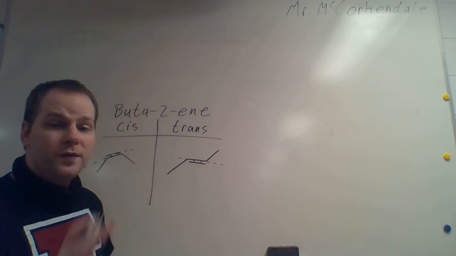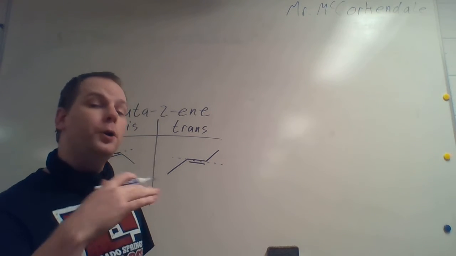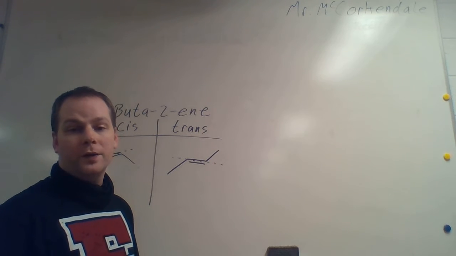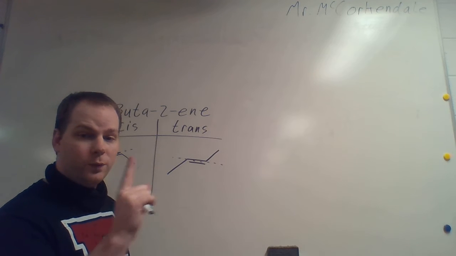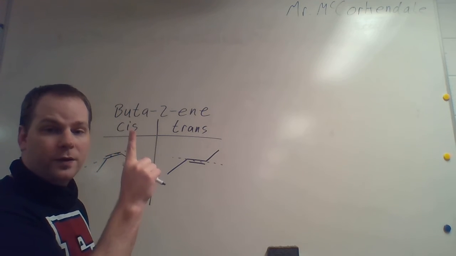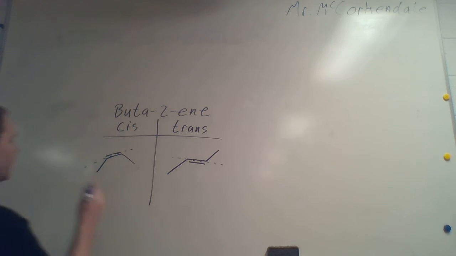Now, this is done differently if there are multiple double bonds than if there is a single double bond. If there is only one double bond, then you just add cis to the beginning of the name.